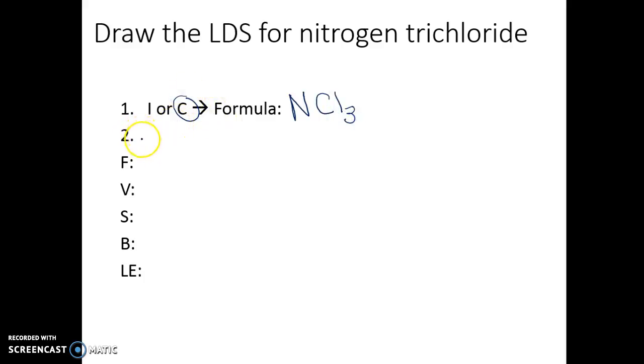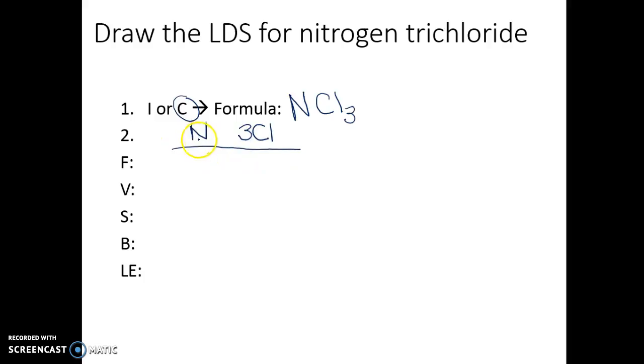Step 2, I need to calculate this S, V, and F method. I like to write my atoms individually at the top of my calculation, so I know what atom I'm talking about. I have 3 chlorine that I need to calculate for, so I'm going to stick that as a coefficient here, telling me to multiply anything I get for chlorine by 3.